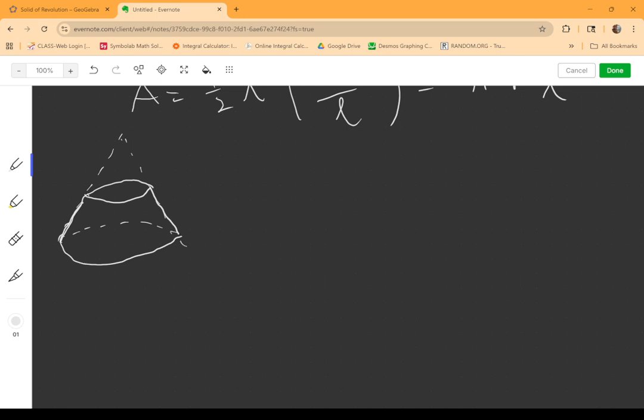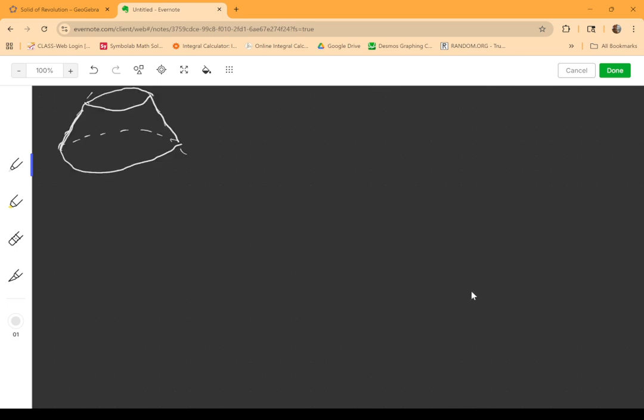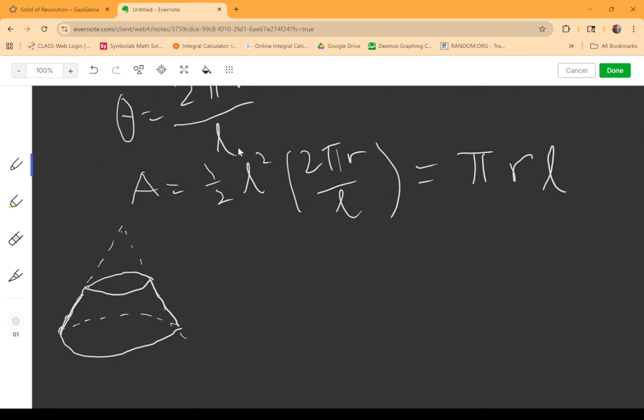The dotted line represents the phantom part of the cone. That part's not really there. What I want to find is how I can calculate the surface area of something like this. Not quite this formula, although I am going to use it to calculate this part right here.